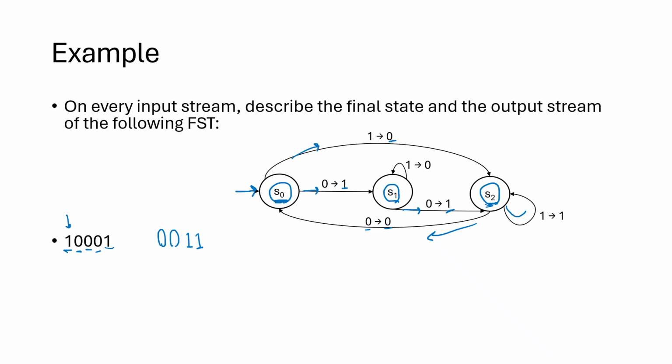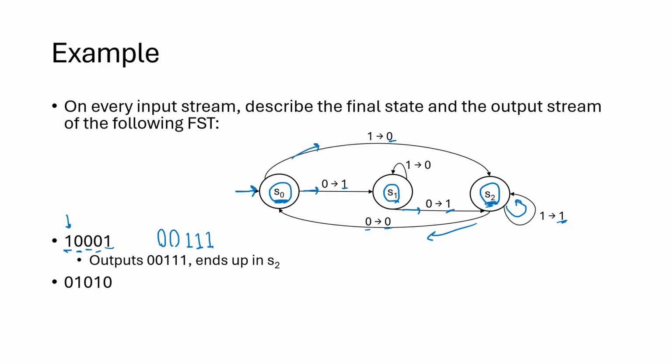And this edge here tells me that I need to output a 1 and stay put at S2. So this string, 00111, is my output string, and I end up at the final state S2.